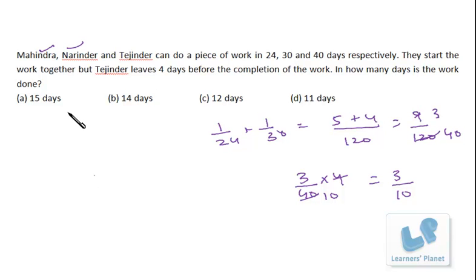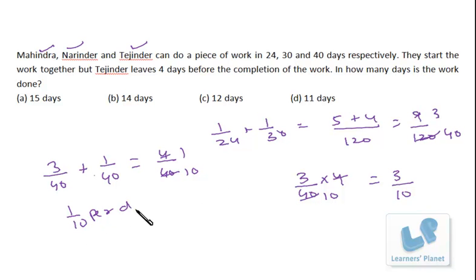Now, in how many days that particular 7 by 10 work might have been done? Let's calculate it. Now Mahinder and Narinder per day they are working 3 by 40th of the work, and this guy Tejinder is doing 1 upon 40 of the work. That means if Mahinder, Narinder and Tejinder all of them are working, they are doing 4 by 40 or 1 by 10 of the work per day. 1 by 10 per day.